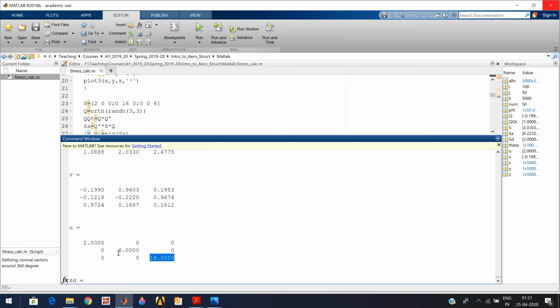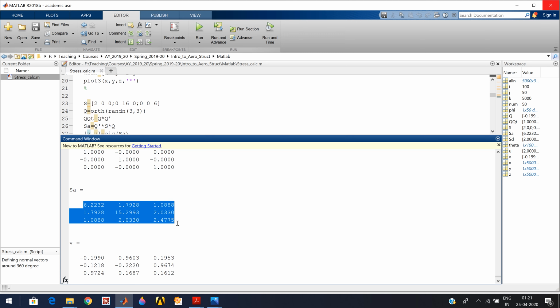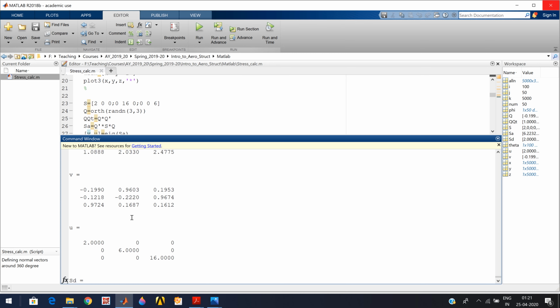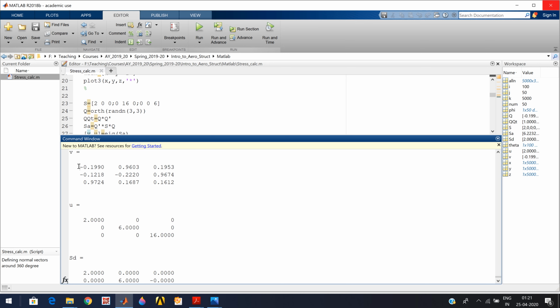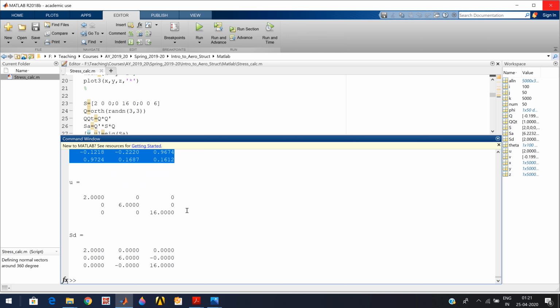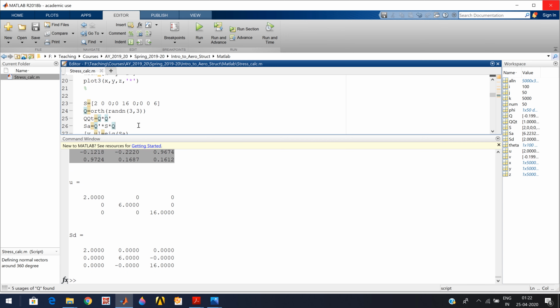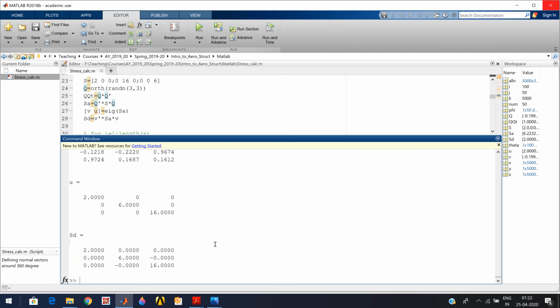Whatever coordinate system you choose to represent the matrix, this is the tensor, and this is also the same tensor, representing a different coordinate system. Their eigenvalues are the same. Now if I use that eigenvector matrix to transform from SA, you can see that we are going back to the diagonal matrix here. So the interchange can be done. If I start from one, I can go to another one, and I can come back to this one.